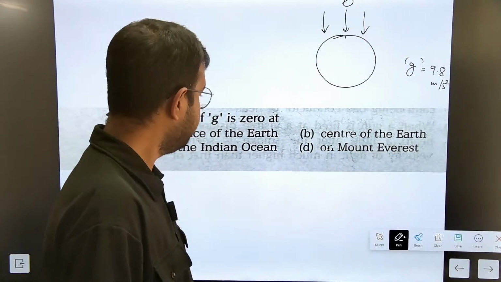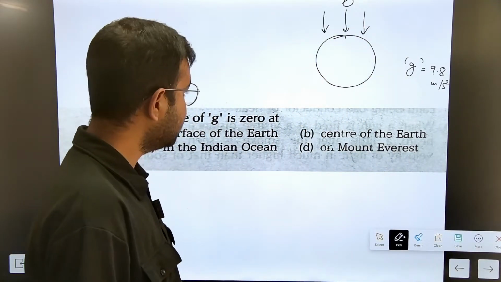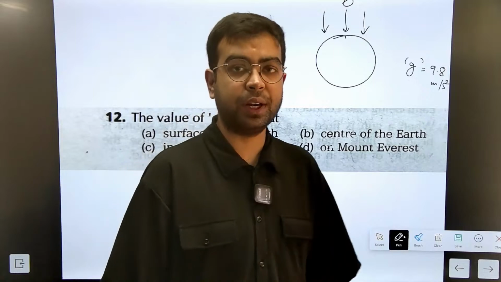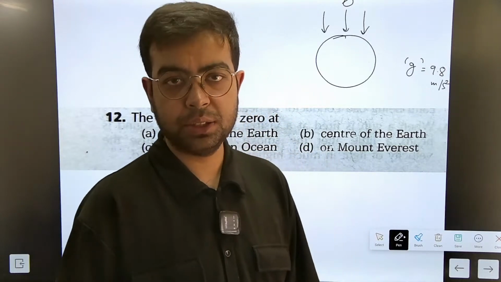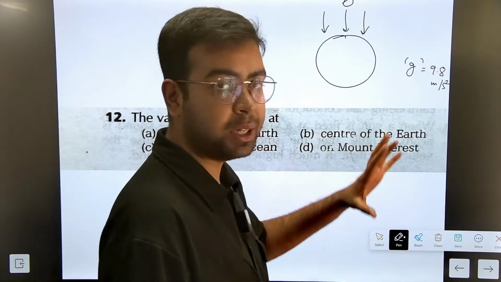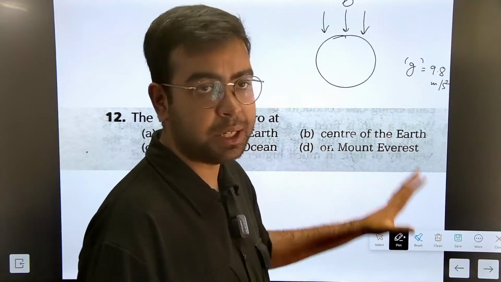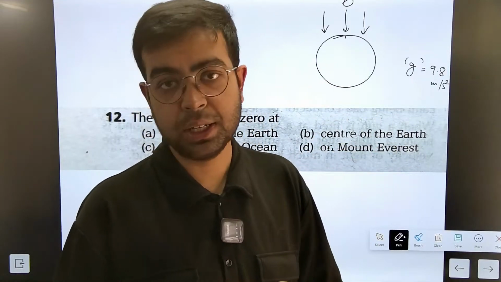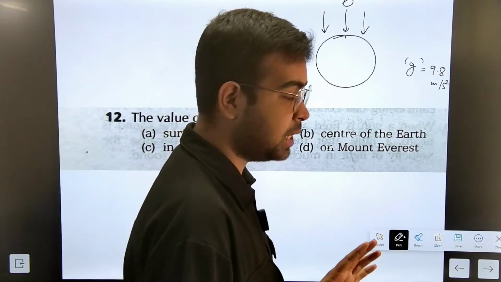Okay. Now, they are asking us at what point, at which place the value of g will become 0. The value of this acceleration will become 0. The body will not accelerate anymore. That is what they are asking.